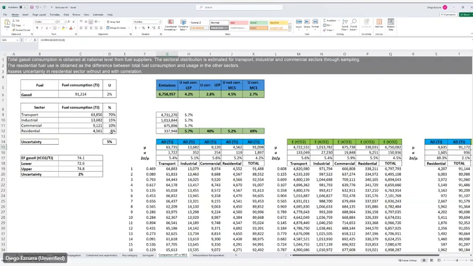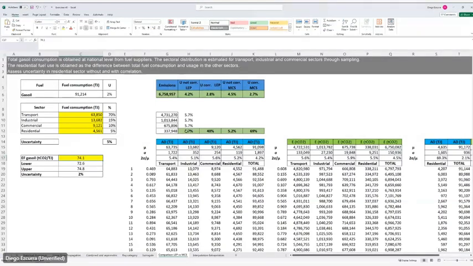So the variables here are the energy consumption in transport, in the industrial sector, in commercial and in residential. Those are the input variables we are using, and we are applying the default emission factor. So all these are the input parameters we are applying in the formula.